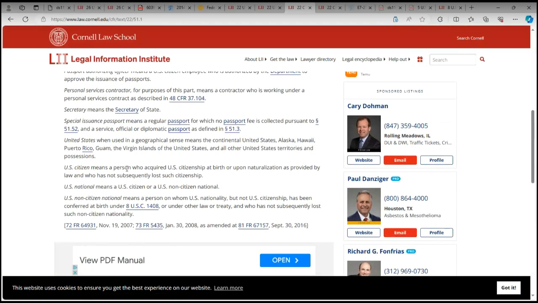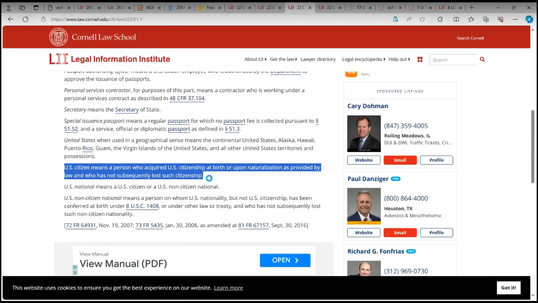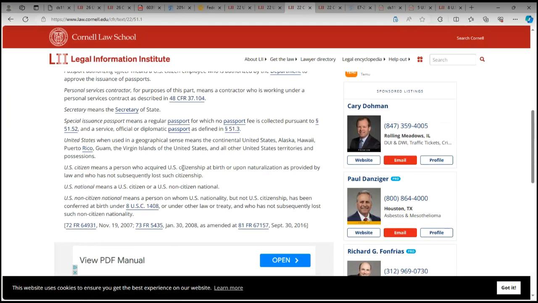U.S. citizen means a person who acquired U.S. citizenship at birth and upon naturalization as provided by law, and who has not subsequently lost such citizenship. This right here is not the definition of the 14th Amendment. This is a general definition that applies to everyone who has acquired it by birth, meaning even Puerto Ricans. The 14th Amendment doesn't apply to Puerto Rico.